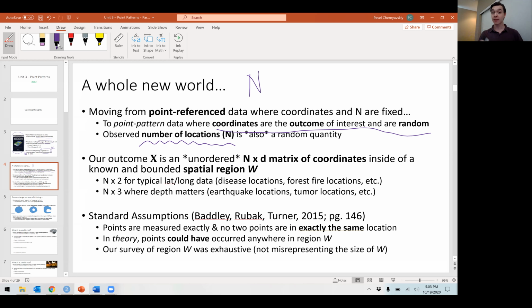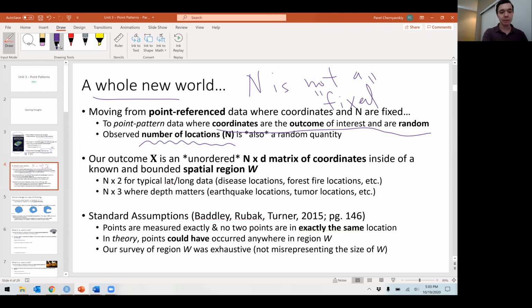That's something, a whole new world, right? N is not a fixed quantity, in the sense of where we came from in point reference data. Locations are, of course, of interest.